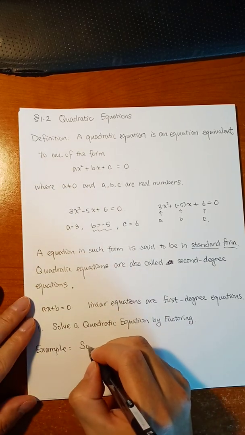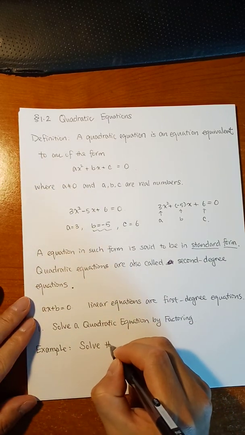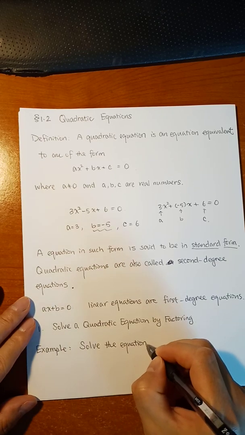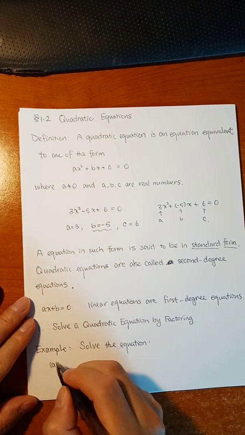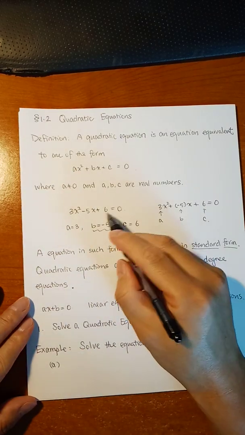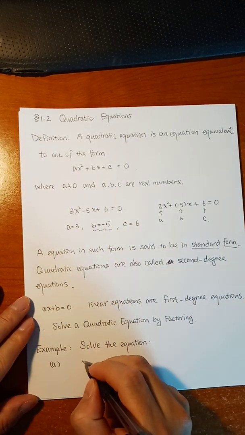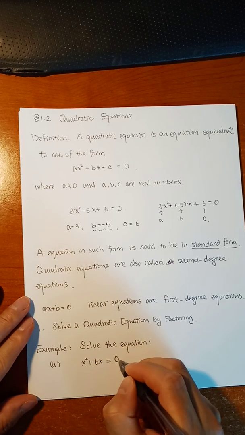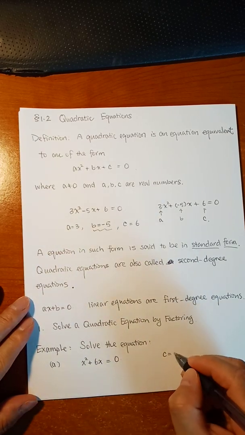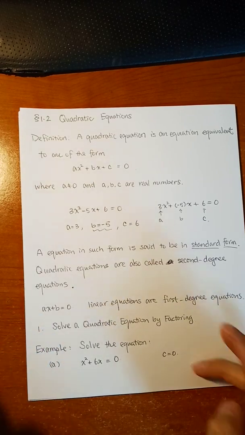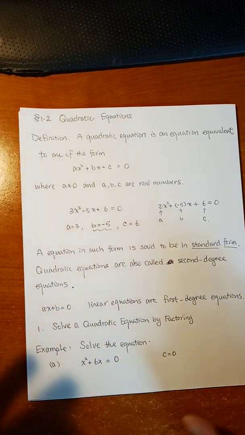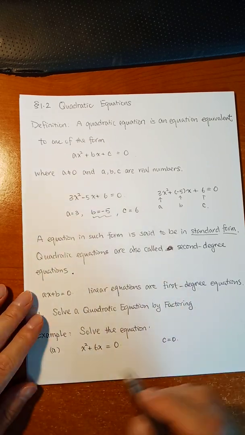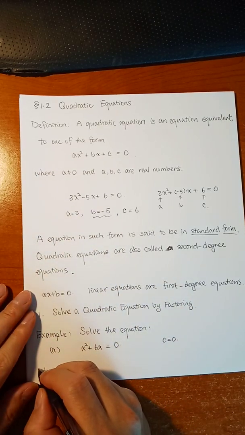So solve the equation where c is not 0. Okay, so let's see the example. In this example, c is equal to 0. This represents a large class of quadratic equations. If c happens to be 0, then what do we do?